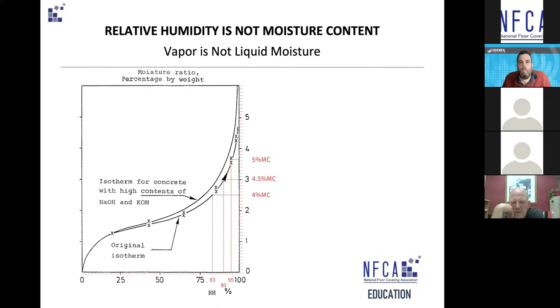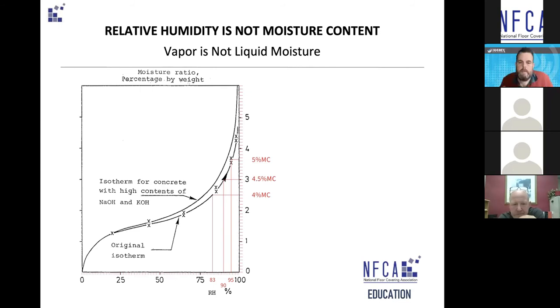And it is when the concrete is saturated, is the RH at 100%? The answer is no. If you look at this chart, you'll see that the RH in good concrete will saturate at about 5.5, probably 5.5%. It will be saturated, and possibly even up to 6% it can hold.